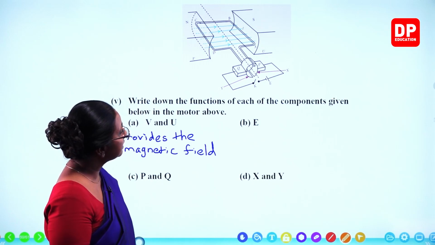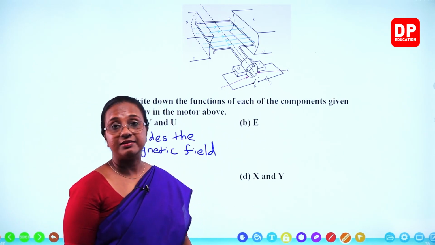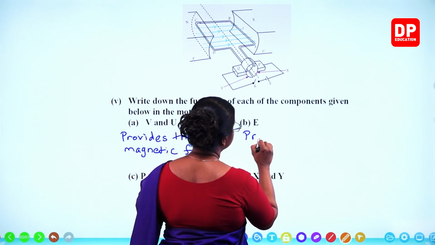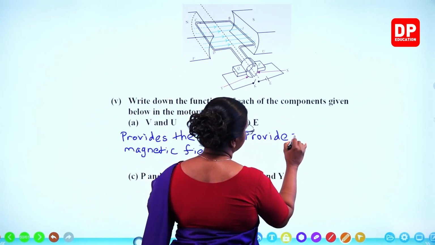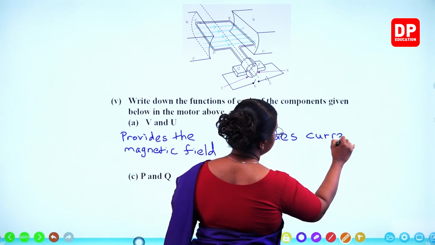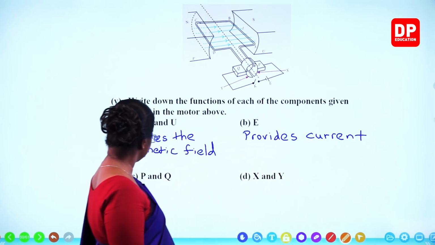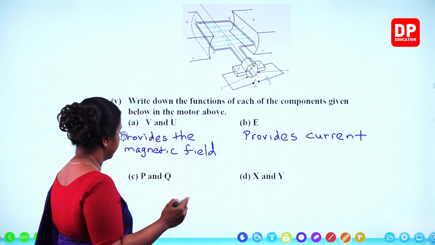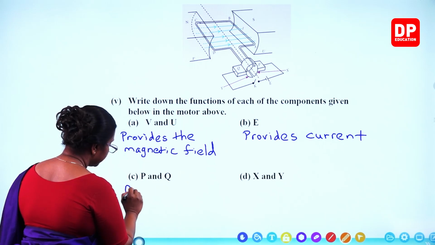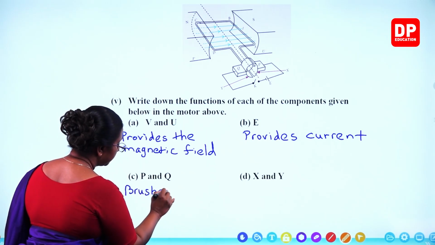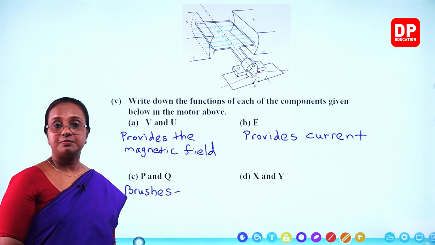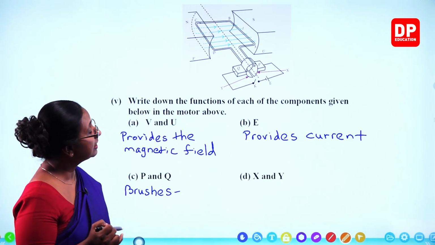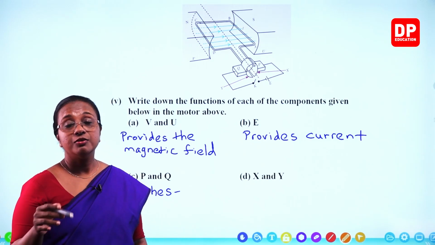Then we have part B, which is E. What is labeled as E? You can see here it is the battery. Provides the current. Because it is the dry cell. Then P and Q. What are P and Q? Brushes. P and Q, brushes. What is the function of the brushes? Provides contact with the split ring so that current flows.